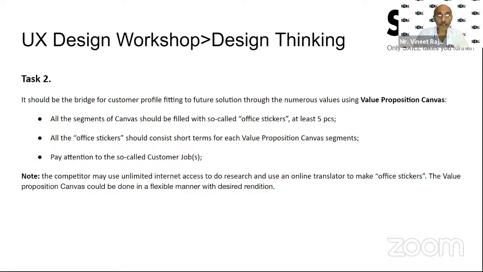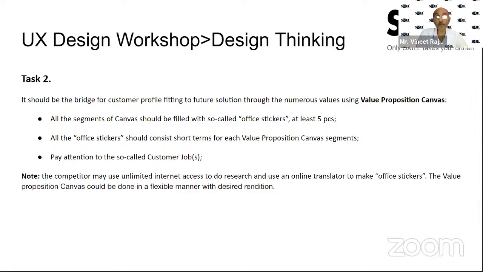The office stickies should consist of short terms for each part of the value proposition canvas, and you have to pay attention to the customer's jobs. You can't put something in gains and pains which is not even related to the customer jobs. So you have to relate them, and you will get marks if you relate them well. And you are allowed to use unlimited internet to do research.